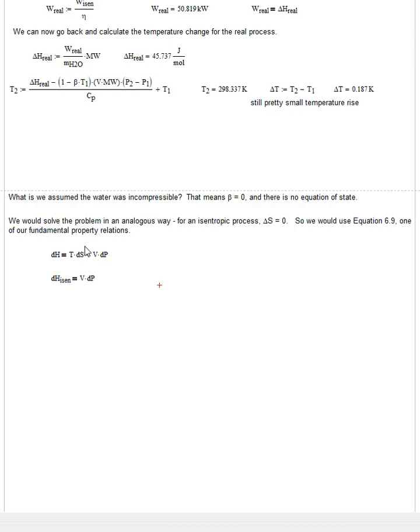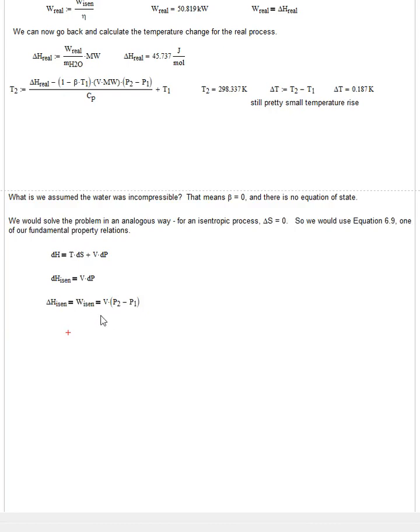If delta S is equal to 0, dS is equal to 0, and so dH isentropic is equal to V times dP. That's a very simple integration. That's just delta H for the isentropic process is equal to work for the isentropic process. This is just our first law.